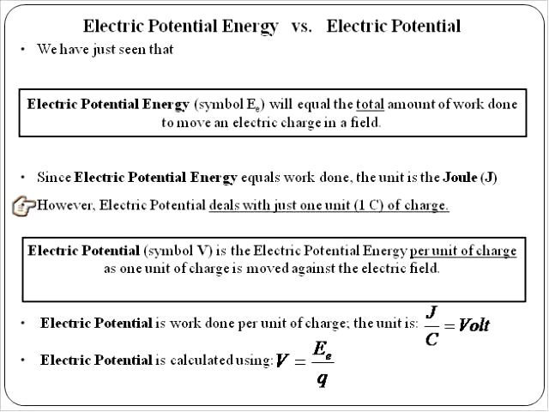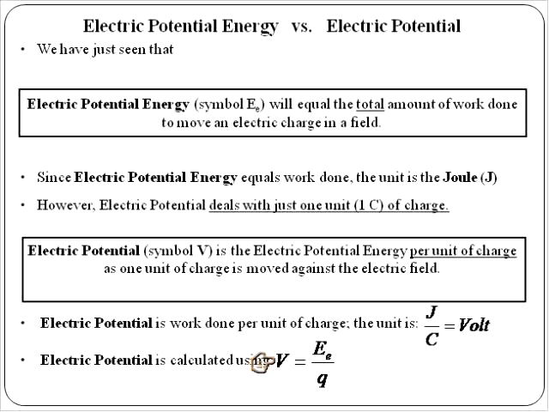So electric potential, or V for voltage, is the electric potential energy per unit of charge. It's not just the total energy, it's the total energy per unit of charge. So we take 1 coulomb of charge and move it through an electric field. Electric potential is the work done per unit of charge, so joules per coulomb, which we define as a volt.